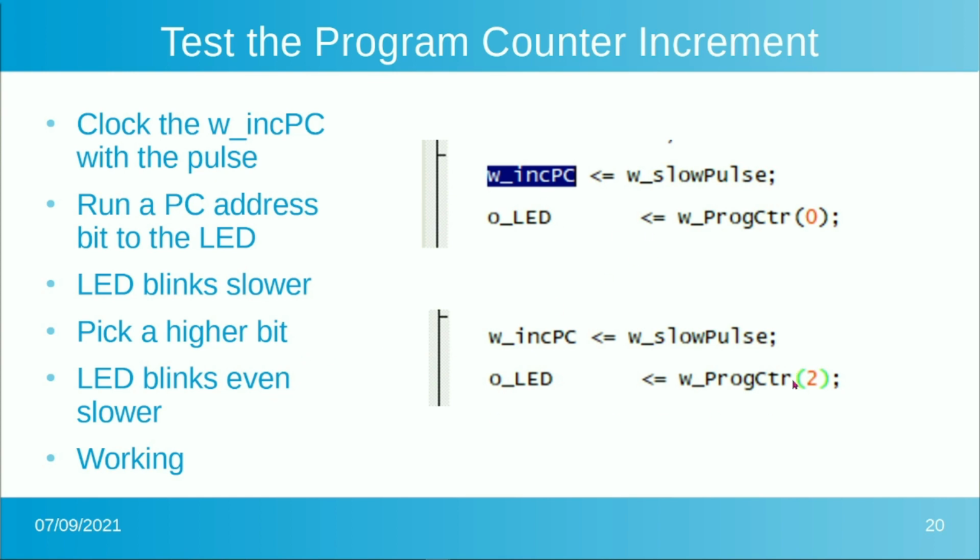And if we pick a higher bit, instead of bit 0, let's pick bit 2, which is the third bit up, and run that to the LED, it runs quite a bit slower. So we know our counter's probably working. Well, we haven't hooked up 12 LEDs and waited for all 12 LEDs to blink, but I think we've got a good indication that the counter is counting. So a pretty simple test with the facilities that we have here.